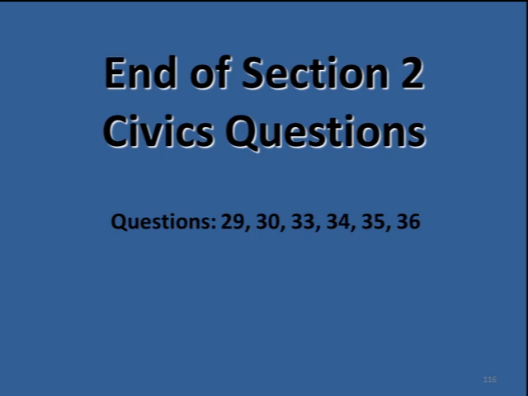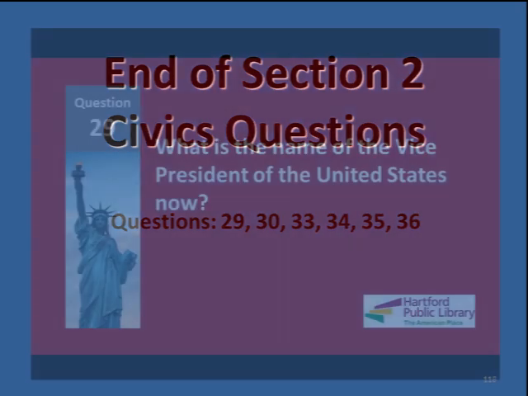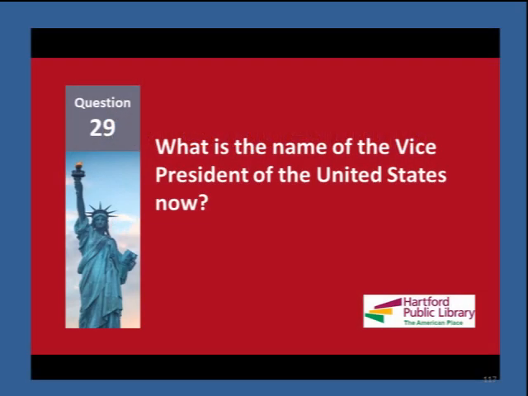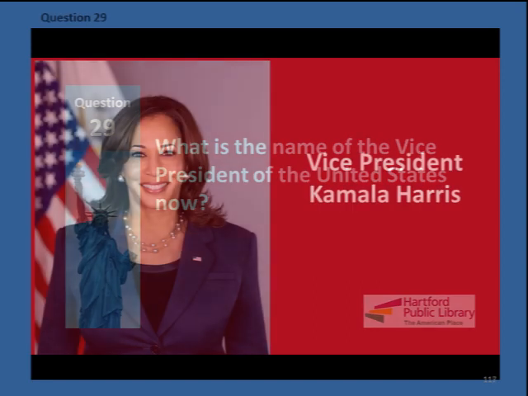This is the end of Section 2. We will now practice the related civics questions. Question 29. What is the name of the Vice President of the United States now? This is the current Vice President.